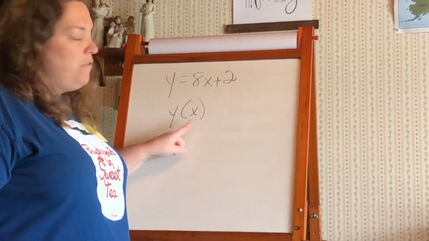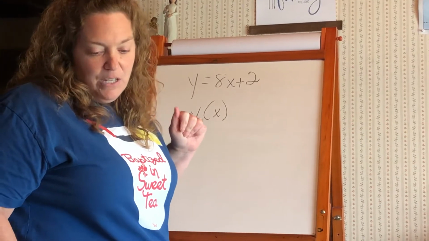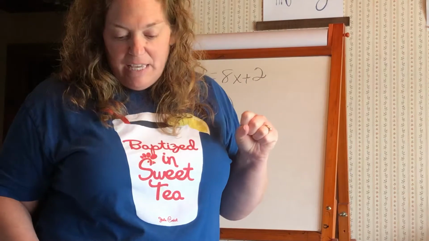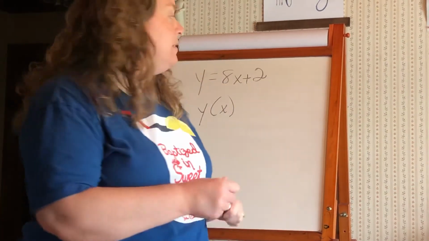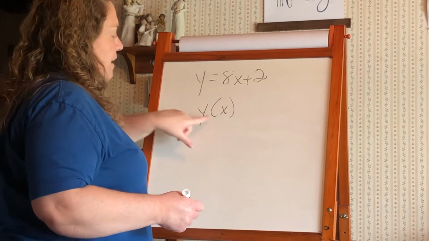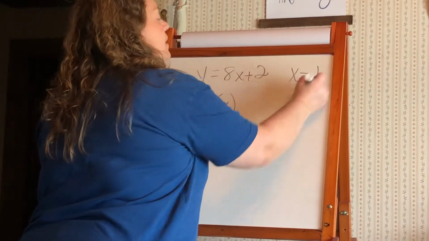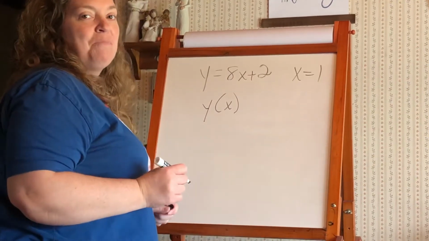Okay? So we would say y of x. So then, let's say they give us a value for x. If they want to find y of x for this function, if x equals 1, okay?